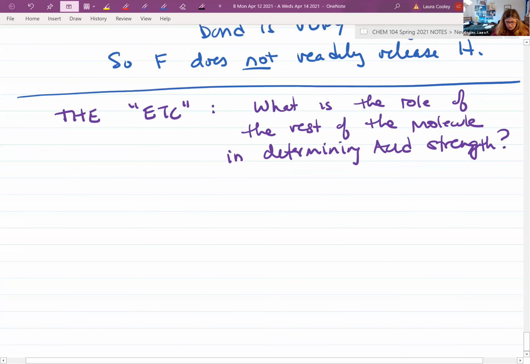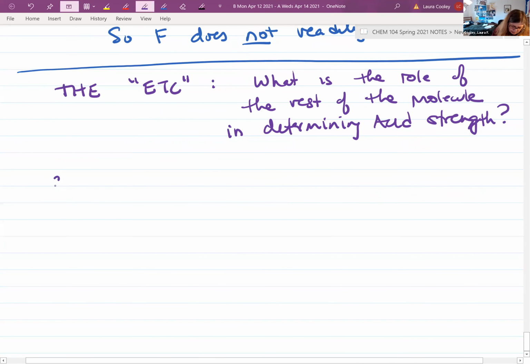First of all, I showed you this before, but maybe now you'll appreciate it a little better. When we started this unit, I showed you two molecules. Maybe you'll recognize this one.